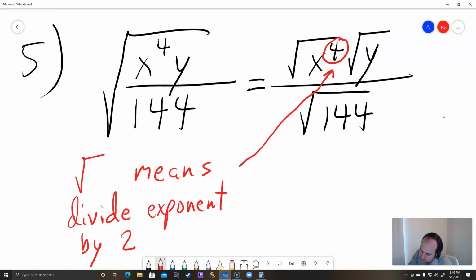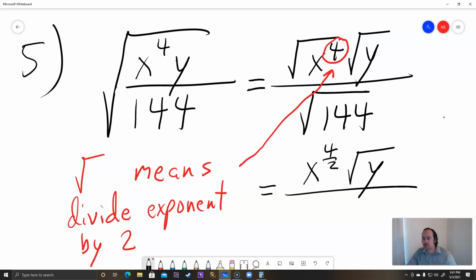Okay, so what's that going to mean? We're going to get x to the 4 divided by 2. So we have x to the 4 over 2 times the square root of y all over the square root of 144. But most of you should already know that the square root of 144 is 12, because 12 times 12 is 144.